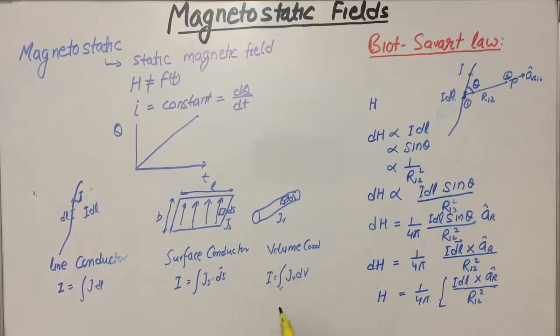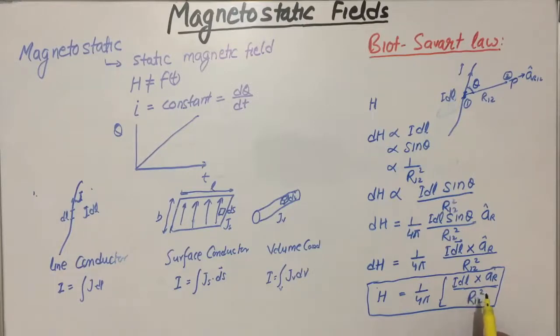So from here we can say that the magnetic field intensity at any particular point will be this, and its direction will be the direction of the cross product of the current element and the radial vector. We know how to find the direction of the cross product: the right hand thumb rule.